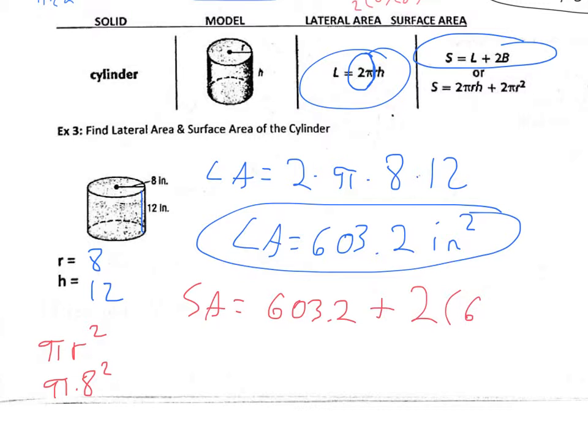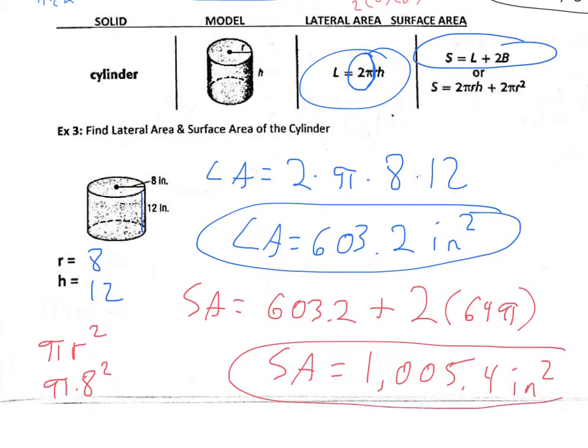So 2 times 64 pi. When I plug all that in my calculator, it will give me an answer, which is the surface area, of 1,005.4 square inches. Okay, it's really just a matter of plugging it into the formula. You'd use this formula if you couldn't remember the area formula for a circle.